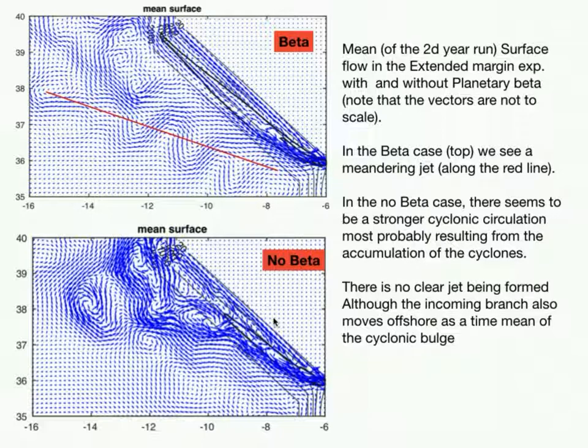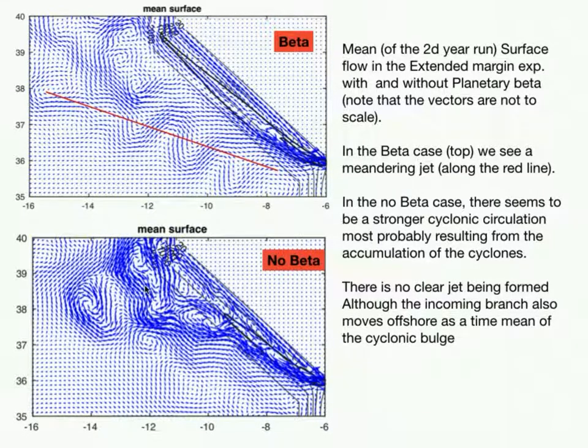I have to fix that, of course, but for the moment, just look at the flow structure, not the intensity itself. Okay, in any case, in the no planetary beta effect case, we can also see a kind of cyclonic circulation, and a strong inflow somewhere around here.